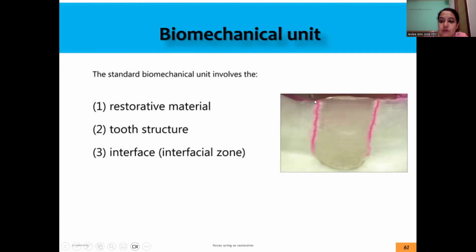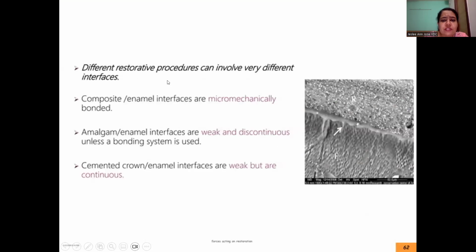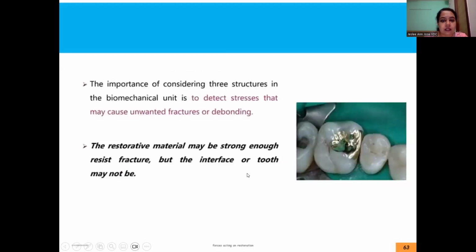The interplay of all these three units tells you the story of biomechanics. Different restorative procedures can have various interfaces. For a composite restoration, it can be a micromechanically bonded interface, but in case of an amalgam, it can be a mechanical interface which is weak and continuous unless we use a bonded amalgam restoration. And when it comes to a cemented crown on an enamel surface, they are again weak but continuous.